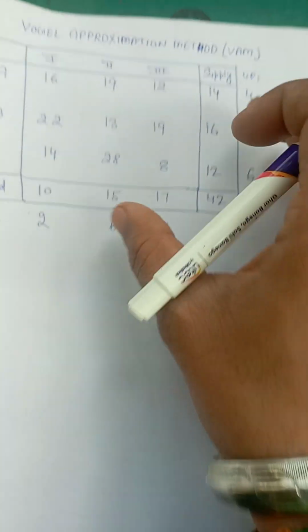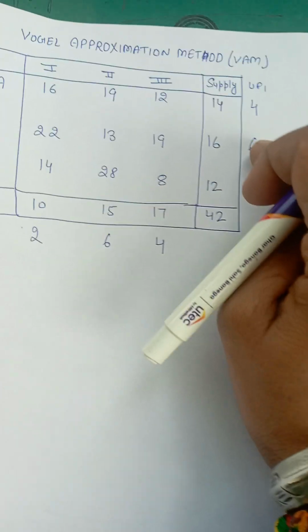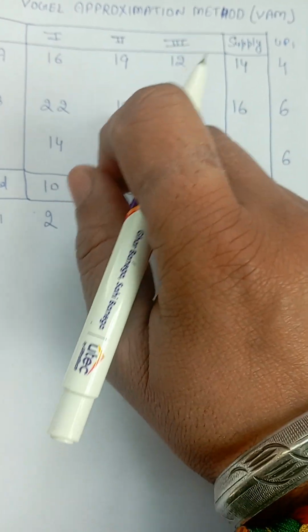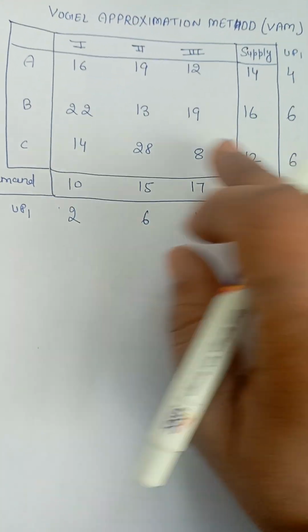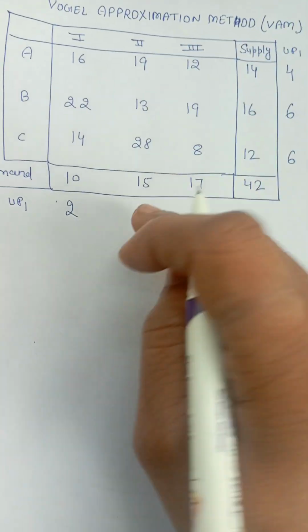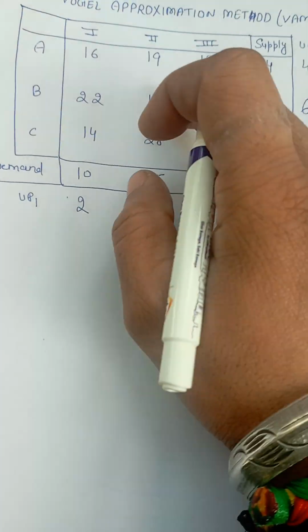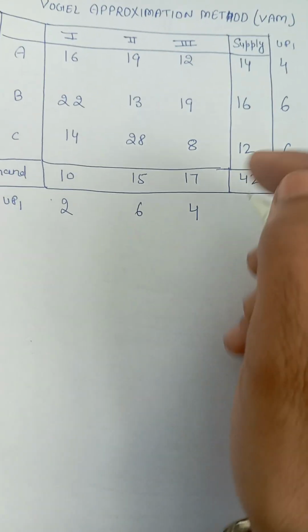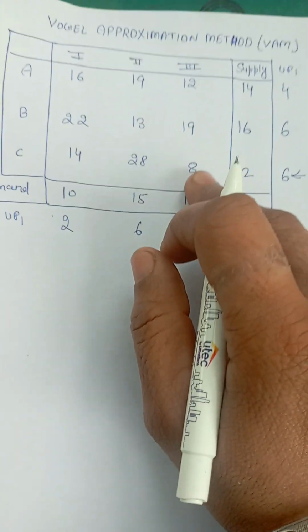Now we select that unit penalty with the minimum cost. For the second row, the minimum cost element is 13. For the third row, the minimum cost is 8. For column 2, the minimum cost element is 13. When we compare all these, the minimum cost element is in the third row, that is 8.